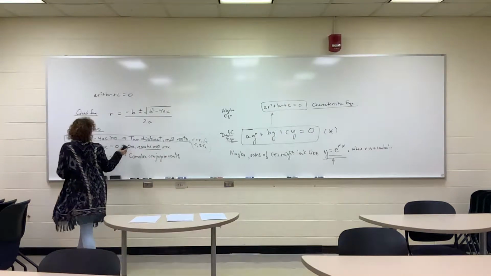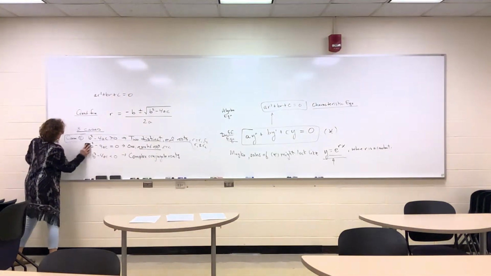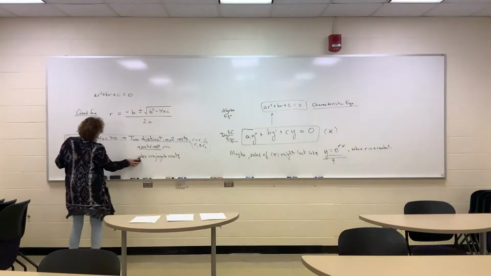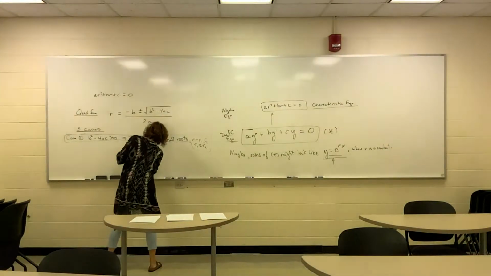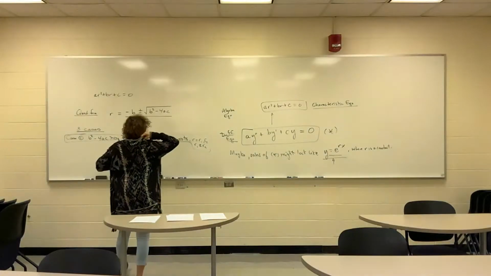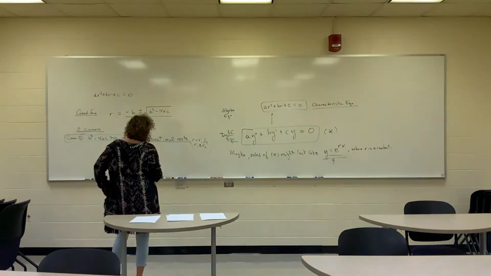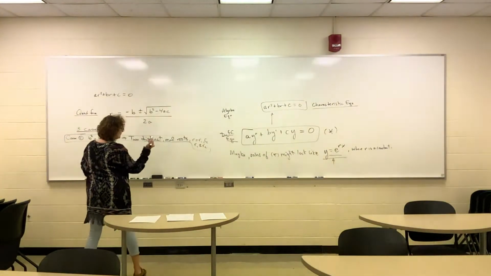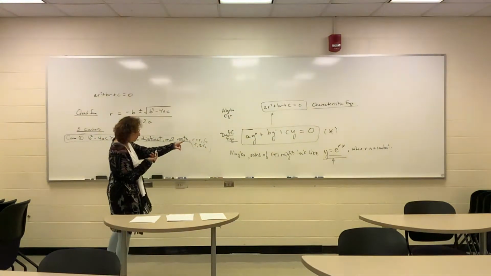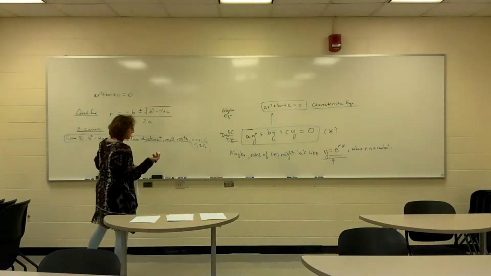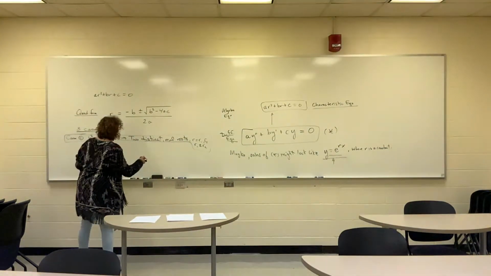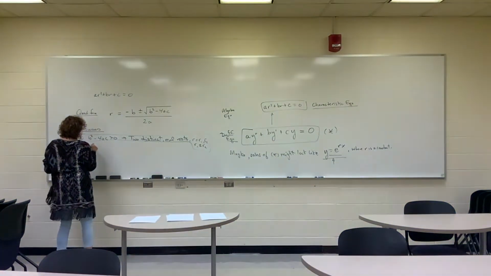I'm gonna erase these guys now, yeah? Okay, so in case 1, what do we have then? We came up with 2 different values of r for which we have solutions. So we actually have 2 solutions, right?